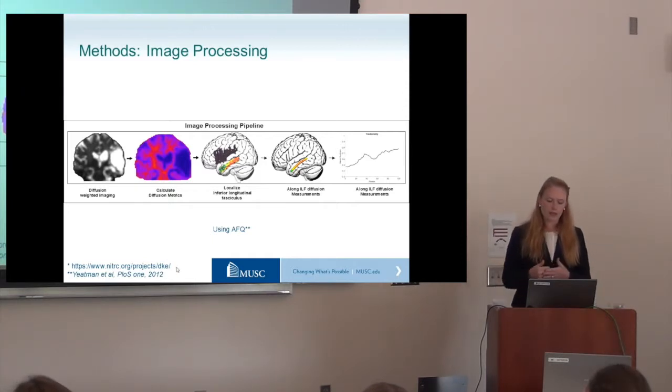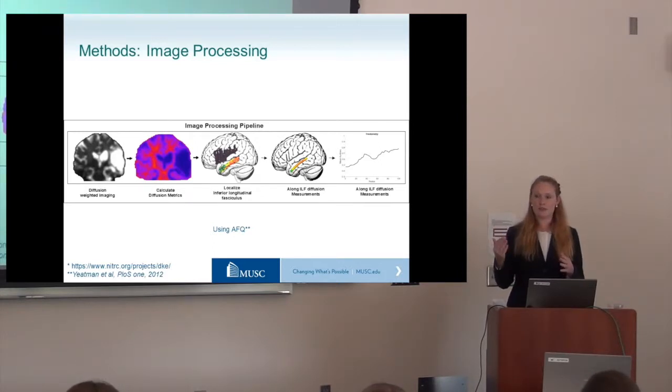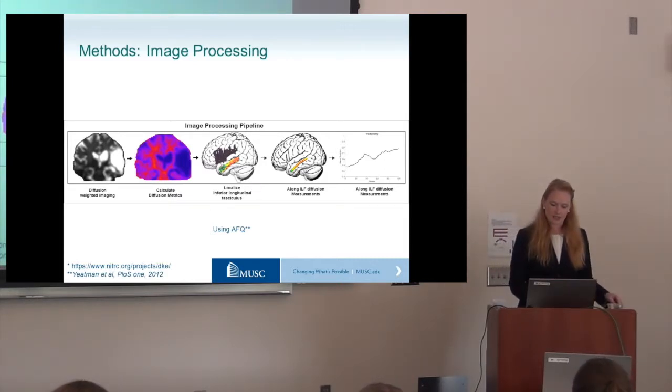And then after that, we tried to find the inferior longitudinal fasciculus using this technique called AFQ, or automated fiber quantification. So basically, you locate all the tracts of the brain and then filter out which tracts you think are part of the inferior longitudinal fasciculus, which you can see here.